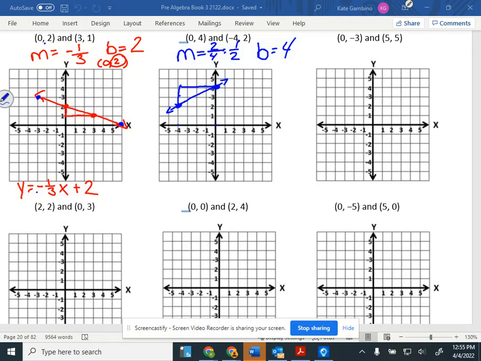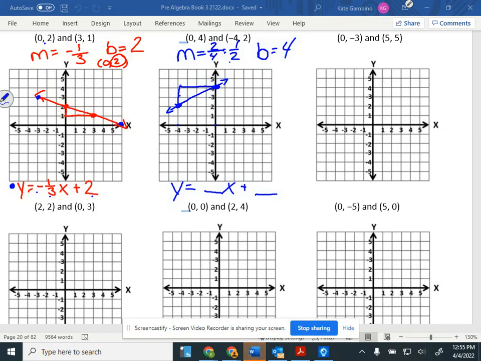Okay. Remember, our third step is to put it into the equation. So we leave the y and the x. We need to fill in the m and the b, right? The m and the b. So I need to fill it in with my m and my b that I just found, my slope and my y-intercept.